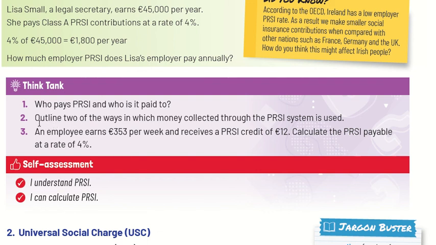Look at your income verb again: you have to state, explain, give examples. Two ways in which money collected through the PRSI system is used. Think of the different payments for social welfare, pensions and people on maternity leave. Another example: an employee earns 353, with a credit of 12, so get the 4% of 353 and take away the credit. Simple as that. Okay, thank you.